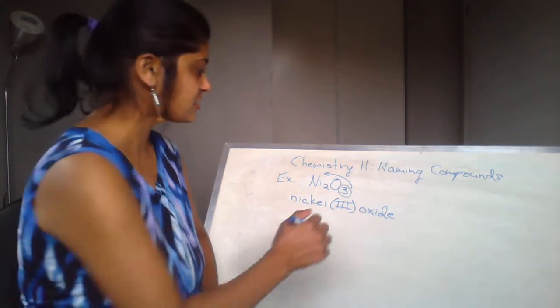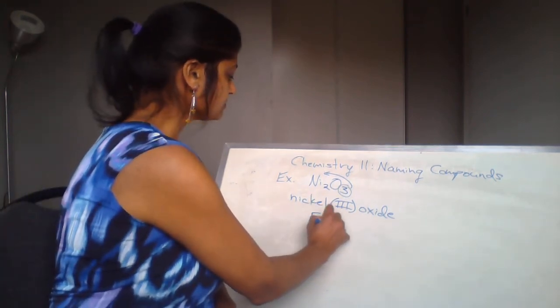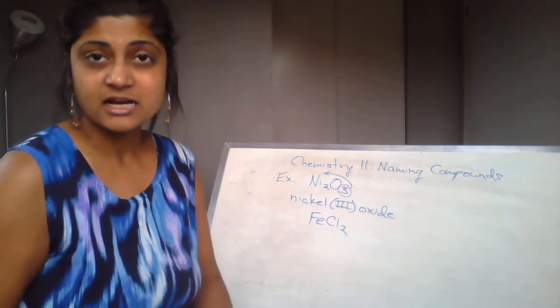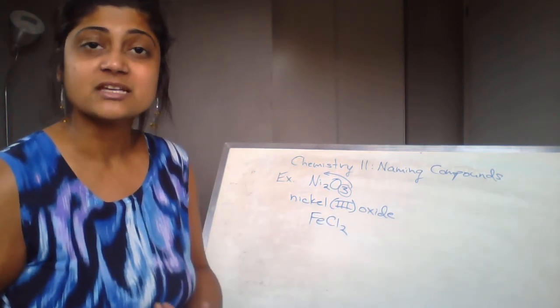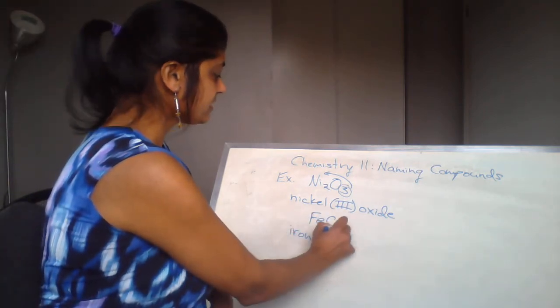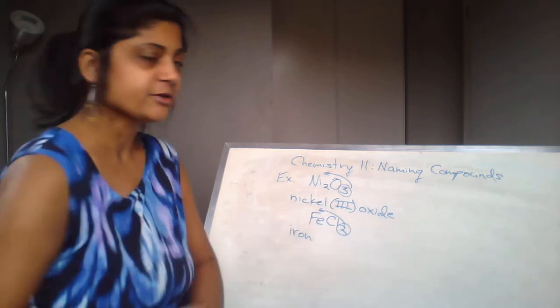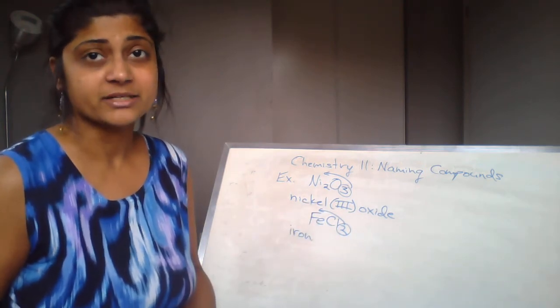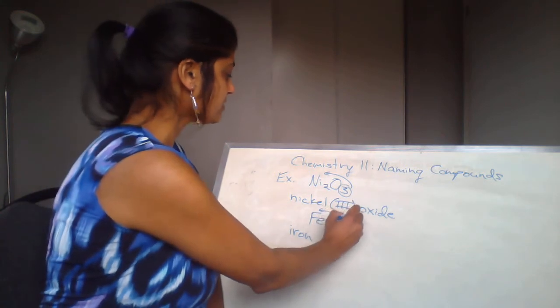So let's try this. So I have FeCl2. Fe is iron. Iron has a charge of 2+ and 3+. So I'm going to put iron, and this 2 is coming from the iron. And remember, chlorine just has a charge of 1-. So I'll put the 1- here.